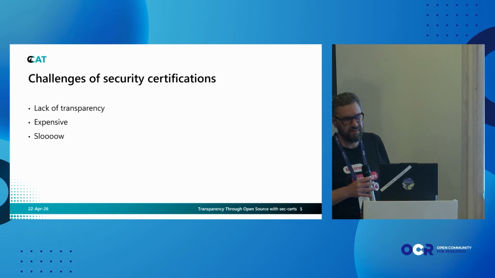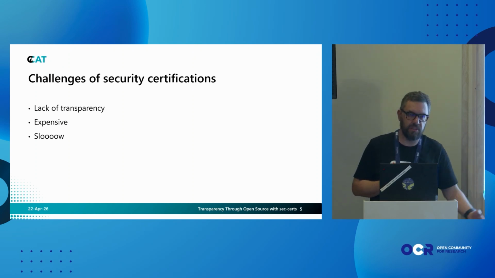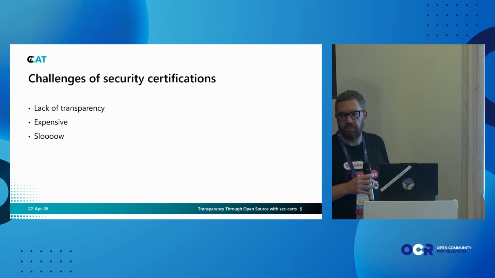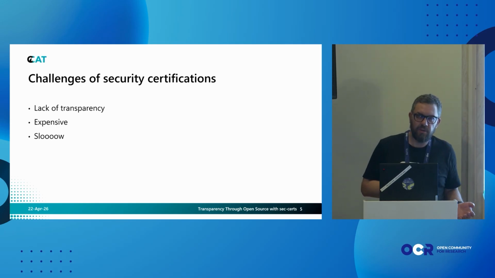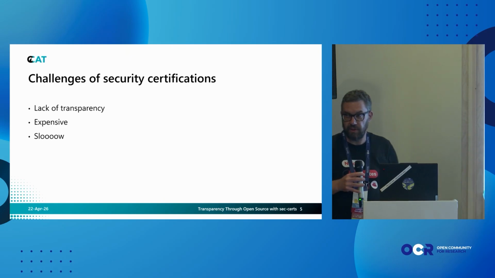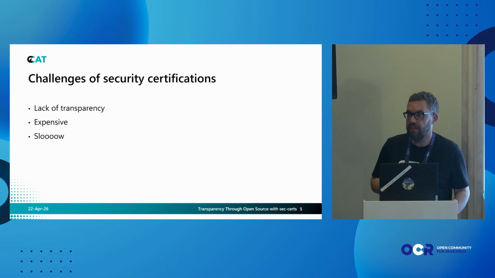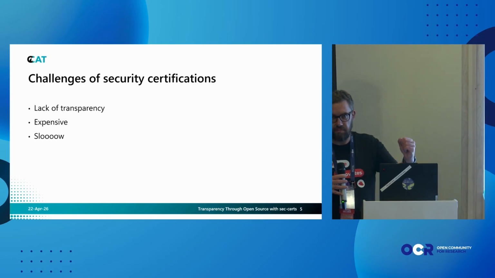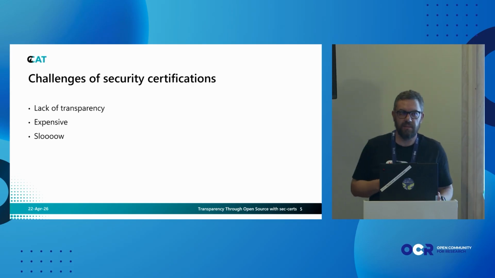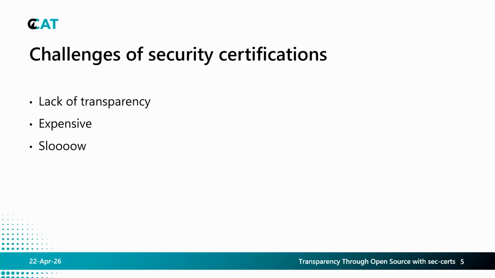If you want to achieve it, it's expensive in time, resources, and money, and also it's extremely slow. The current queue for FIPS certificates is up to 2 years. So basically, you have a 2-year-old OpenSSL library that's certified, and the one with the stamp is the secure one. No, it's definitely not the secure one. So we have this project to add more transparency, and to make certifications cheaper and faster in the end.